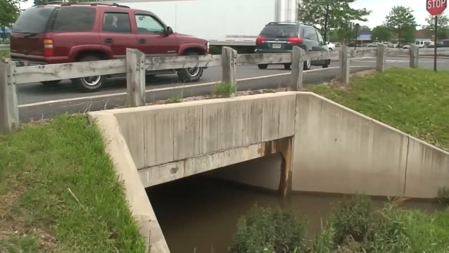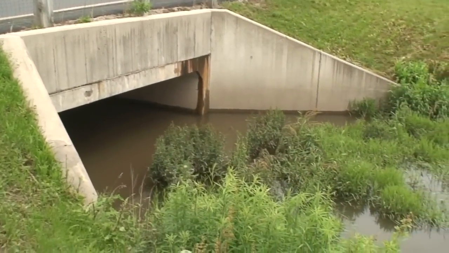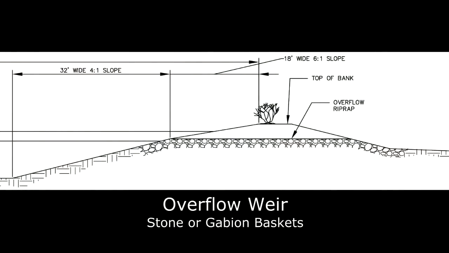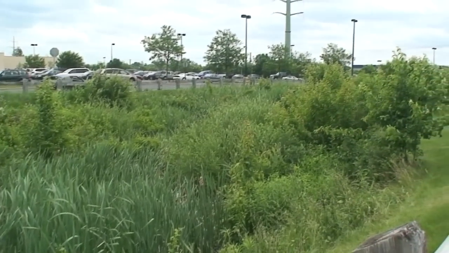Now, each one of these ditches is connected with a large culvert, and there's a road going over there to the shopping centers. At the location of these 3 culverts, we propose to install a weir system that will slow down the stormwater discharge to help these existing ditches become biological retention ponds.